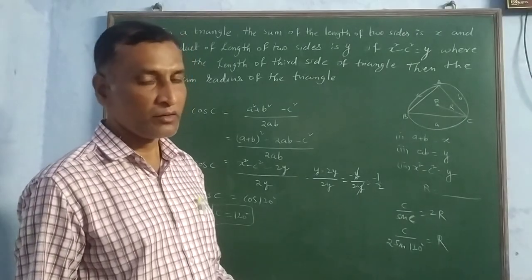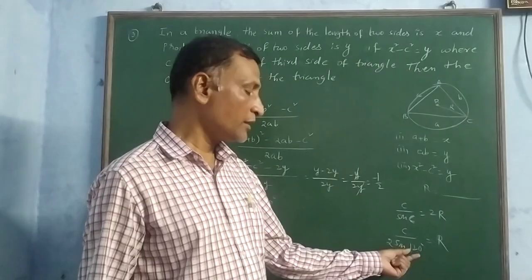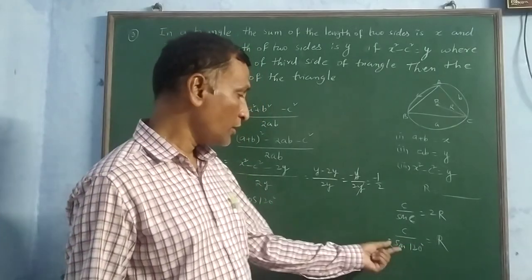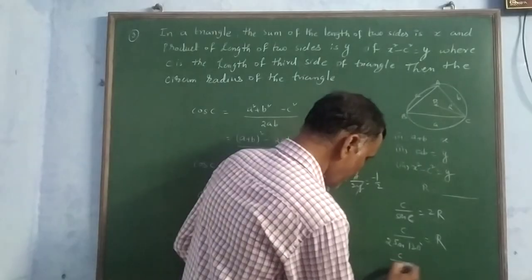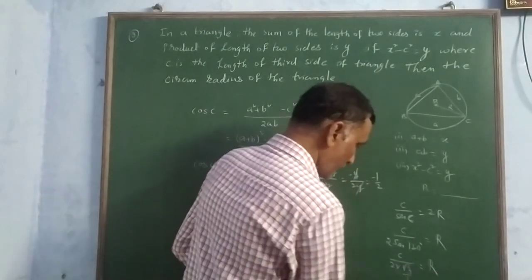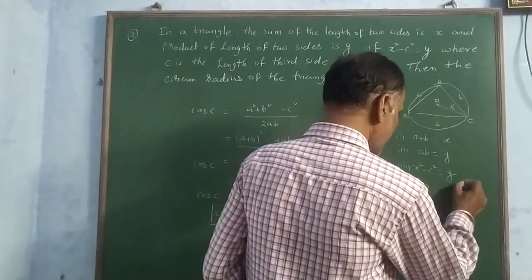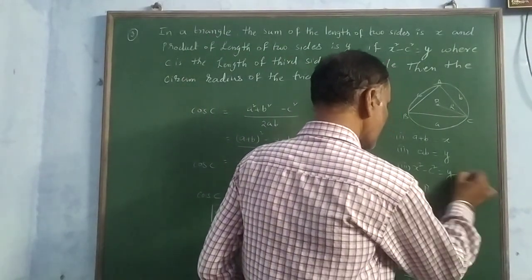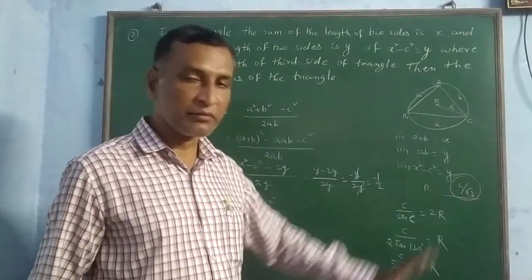Sine becomes cos, so cos 30. The cos 30 degrees value is root 3 by 2. So R equals c by 2 into root 3 by 2. These two cancel. So R equals how much? c by root 3 is the final answer. The circumradius R equals c by root 3.